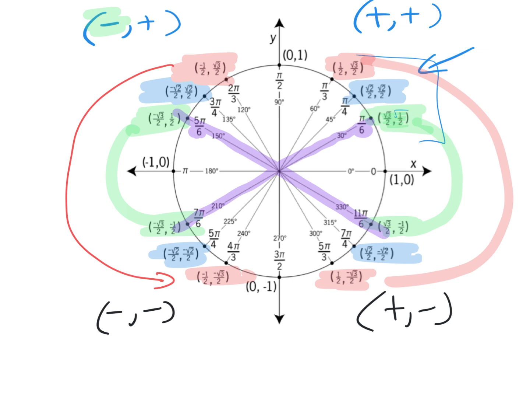And there's different ways to memorize these. In the past, my students have looked at, say, quadrant 2. Notice the numerator is 1 bigger than the denominator: 2 over 3, 3 over 4, 5 over 6. Then down in quadrant 3, notice all of the fractions here, the numerator is 1 larger: 7 over 6, 5 over 4.